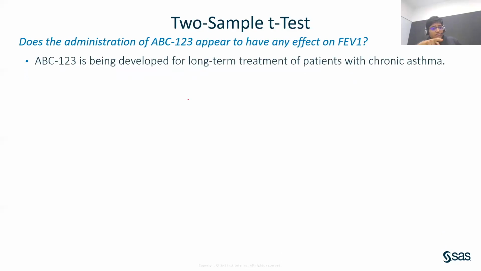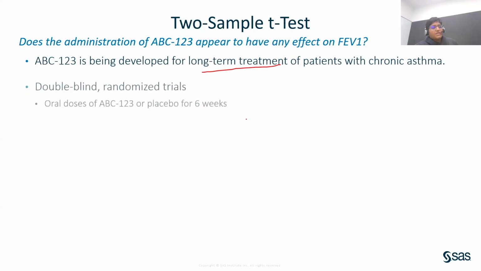In this clinical trial, very specifically, you are looking at chronic asthma. But like I said, treatments for respiratory issues do not always have to point towards asthma. The sample that you and I are looking at is for ABC123 relating to a long-term treatment of patients with chronic asthma.